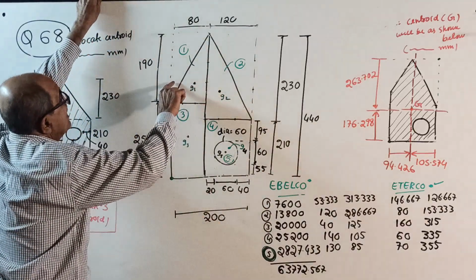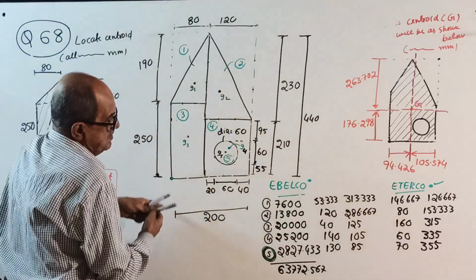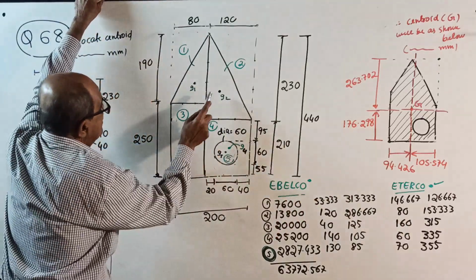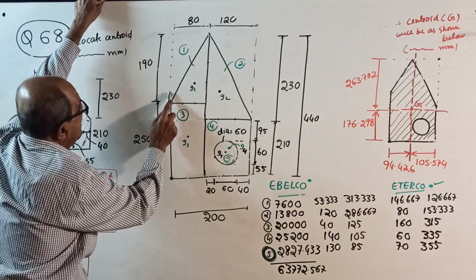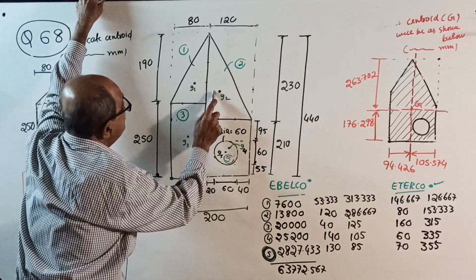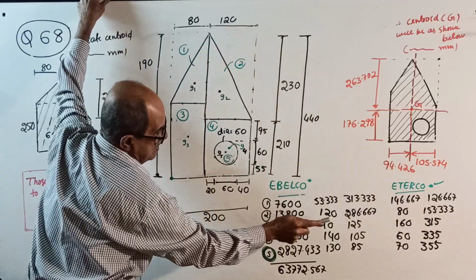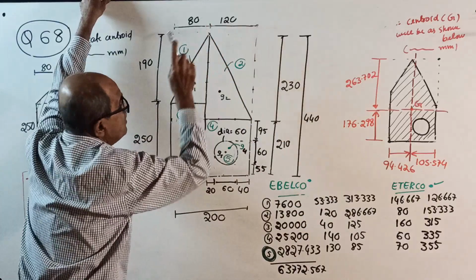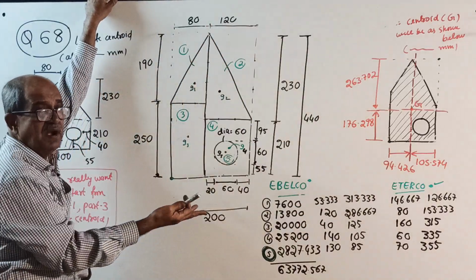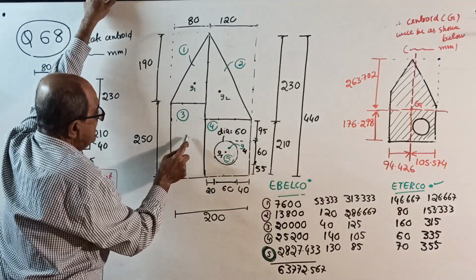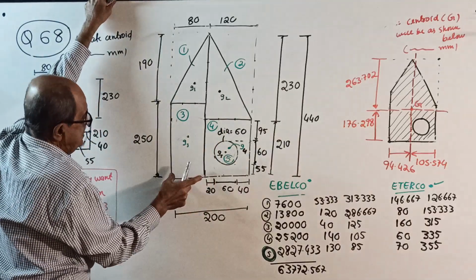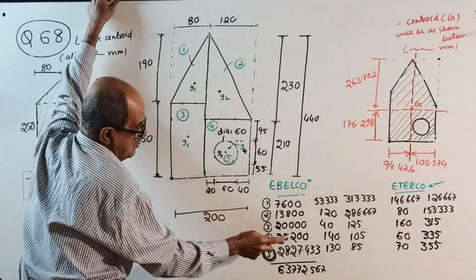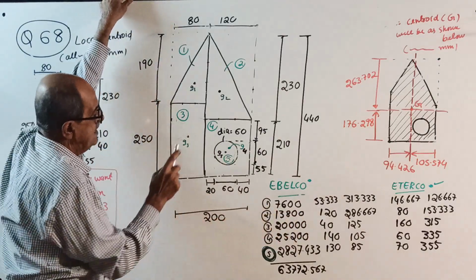Fix first one, x1. 2/3 of 80 plus 1/3 of 120. That 120 is not this 120. It came 120. Don't write 120 there. 3, 80, 40. Y means, sorry, I can't explain.